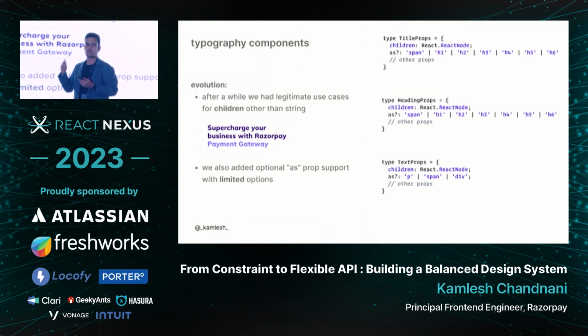And we'll also expose the as prop. But if you see, the as prop options are very logical. You can't say, I want to render title as P. The title will mostly give you the heading tags. Similar it goes to headings. And text wouldn't have H1, H2, H3. So we had boundaries, we evolved, we gave flexibilities, but again within the boundaries of our principles.